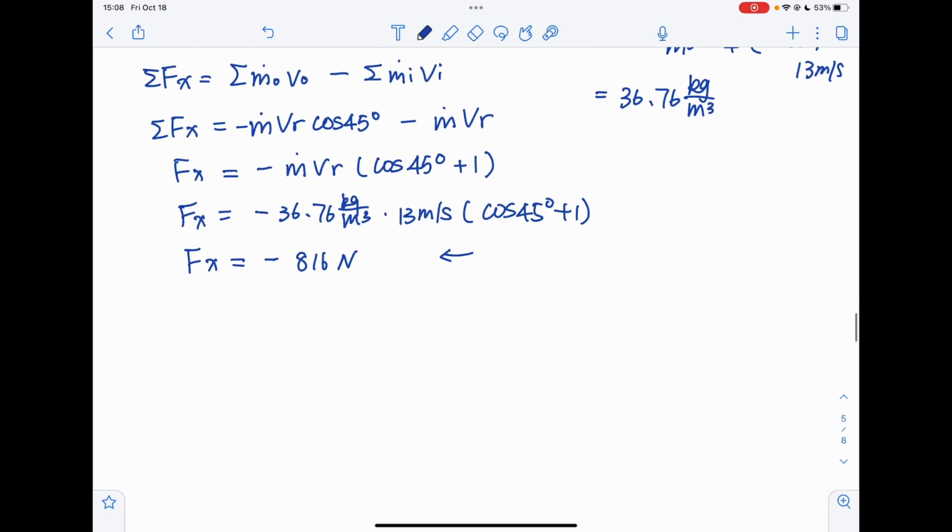And similarly, we can do the momentum in the y direction.